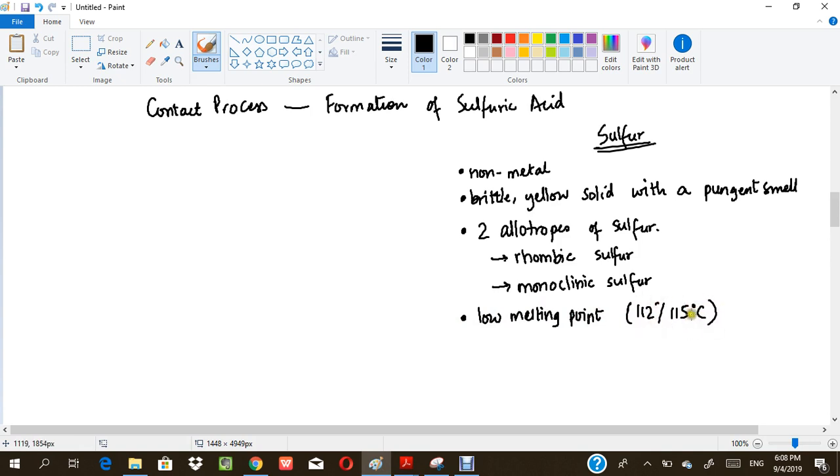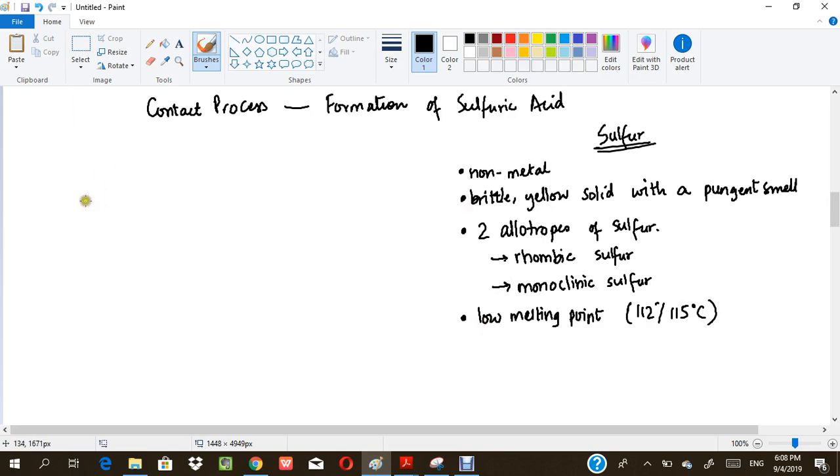This low melting point has a very important influence on how we extract sulfur from the ground. I'll tell you about that shortly. So, having discussed this, let's talk about how sulfur is extracted from the ground.